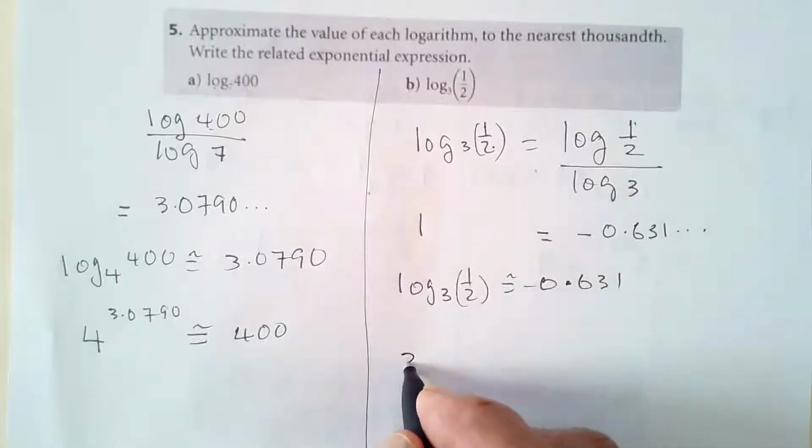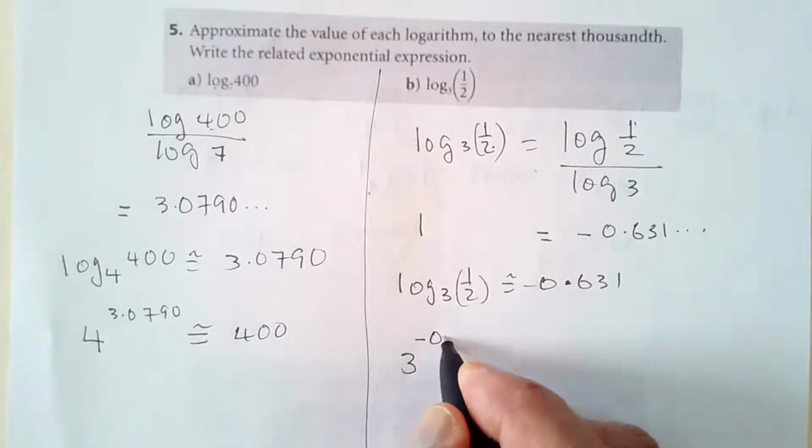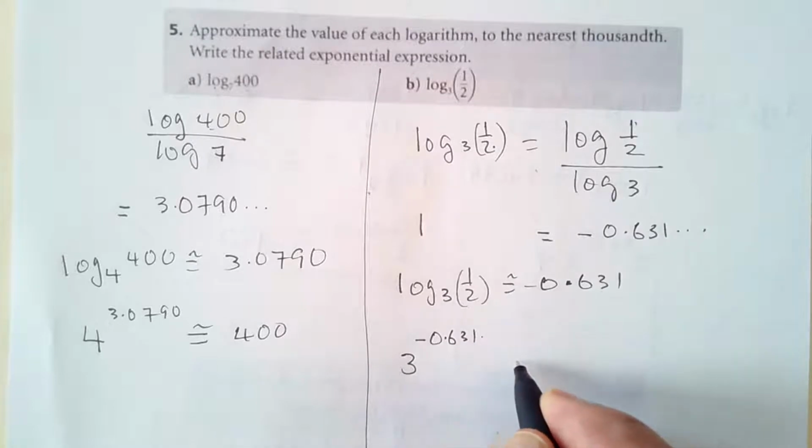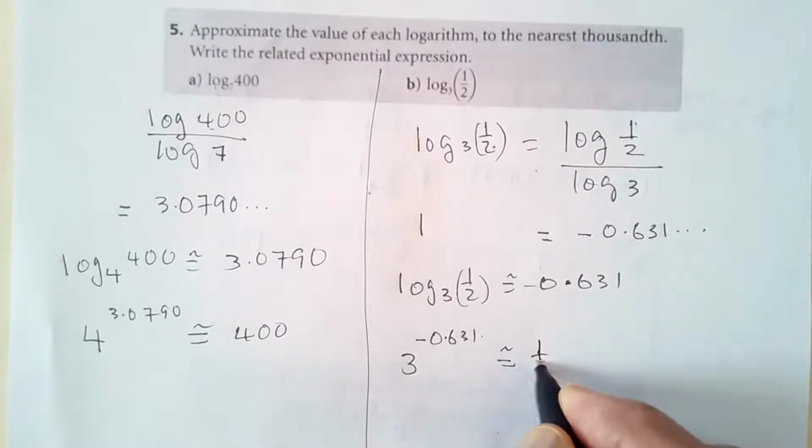So we can write 3 to the negative 0.631 is approximately a half.